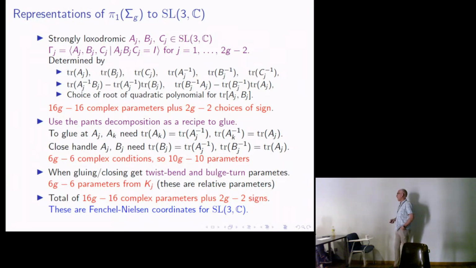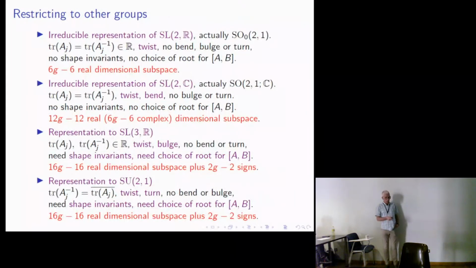Right, how does this relate to all of those special cases that we saw before? So now let's think about the special case of the Fuchsian groups. Now I'm needing to think of the irreducible representation of SL2R into SL3C, and so that is actually SO(2,1).